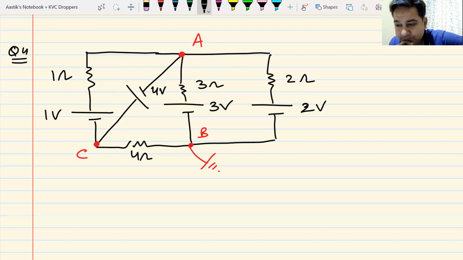Shall I do it? You don't believe that it can be done with one equation, right? Do you believe that it can be done with one equation?